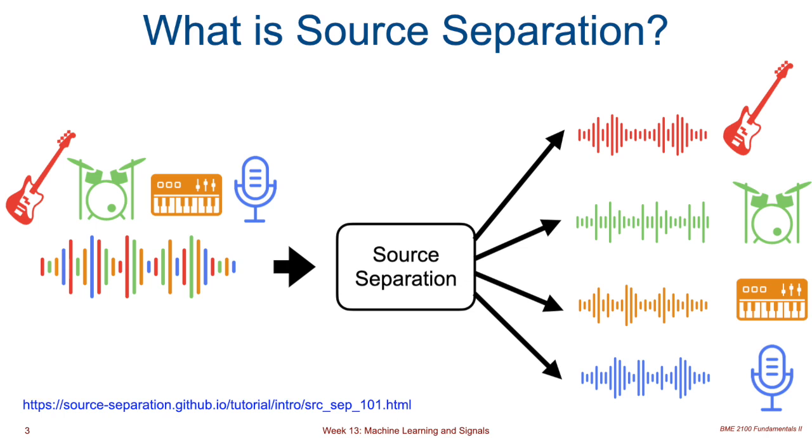Source separation involves actually pulling apart those individual sounds, the sound from the guitar, the drums, the keyboards, the voice, and being able to isolate those and manipulate them separately. So this is source separation. Another example is when we have a lot of people in a room talking and we want to separate out those individual conversations.